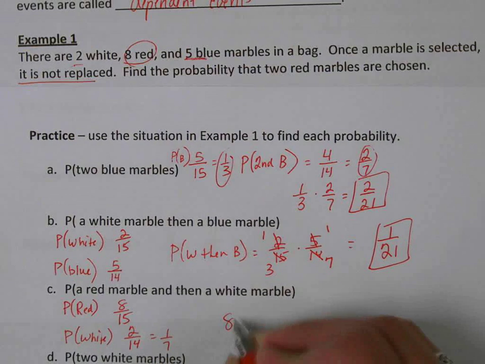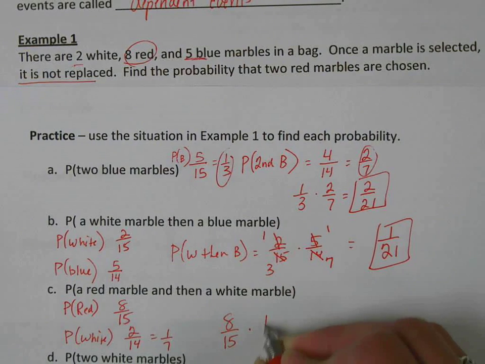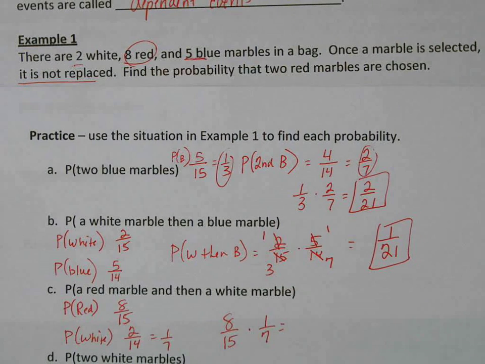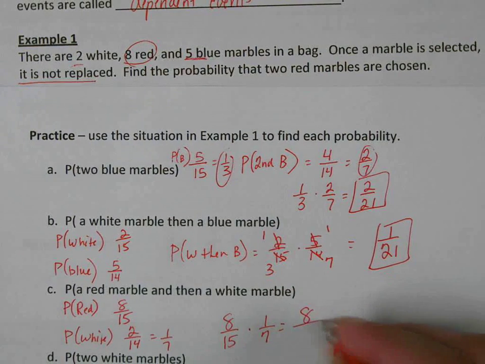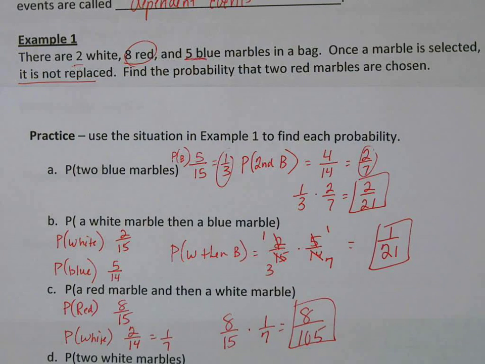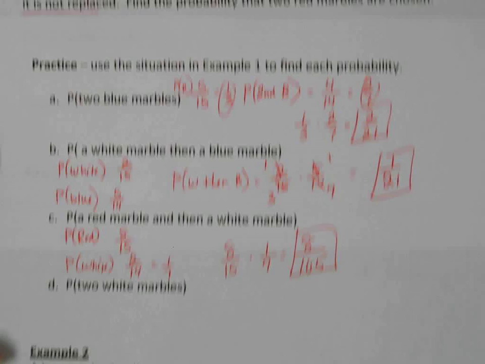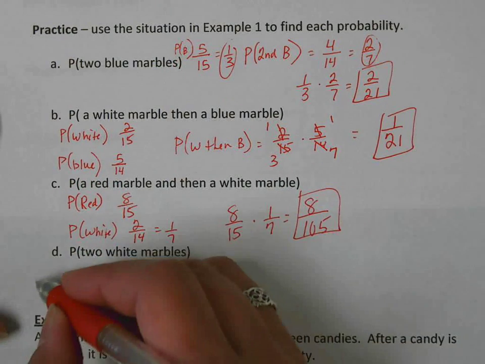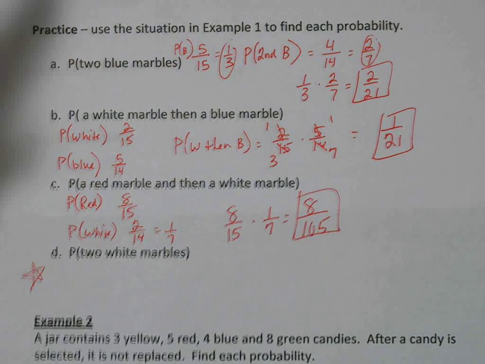So 8/15 times 1/7 is 8 out of 105. All right, so I'd like for you to try D on your own, and we'll check that in class later.